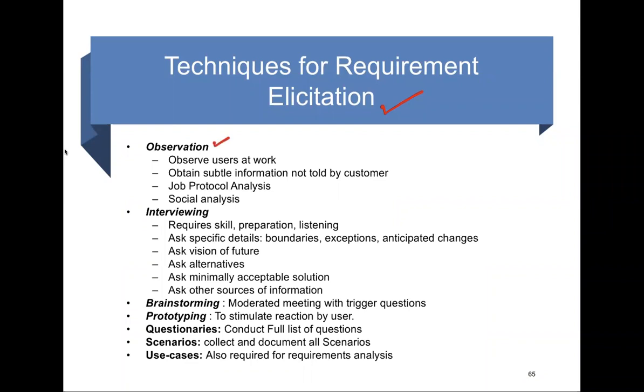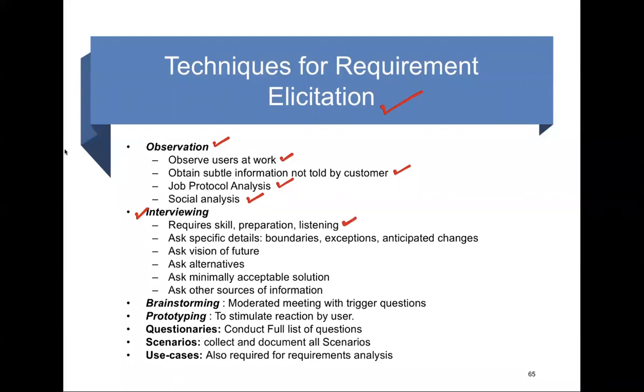We could use observation as a way for eliciting requirements, which includes observation of users at work, to obtain information that is not told by the customers. So you might want to do some job protocol analysis or even social analysis. Interviewing as a fact finding tool could also be used for eliciting requirements, which requires good skilled preparation and listening.